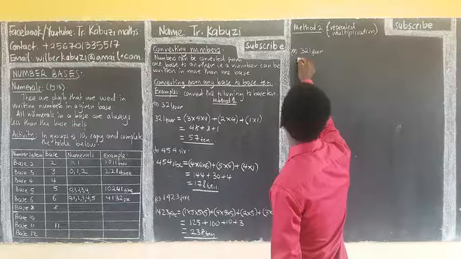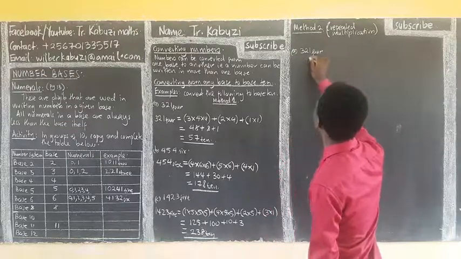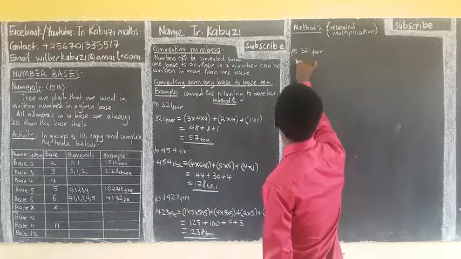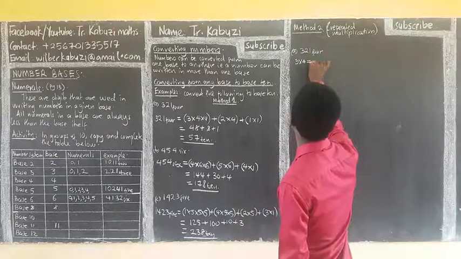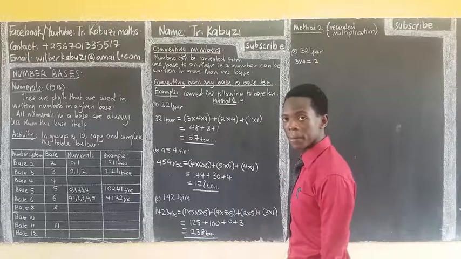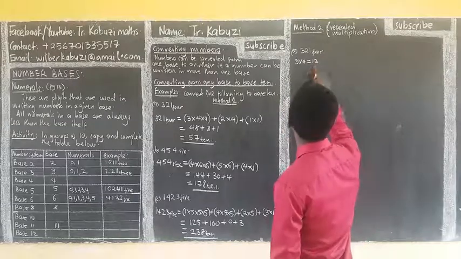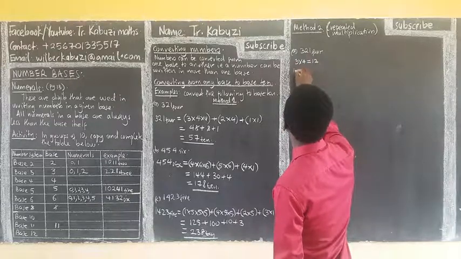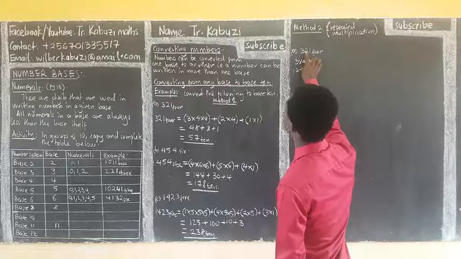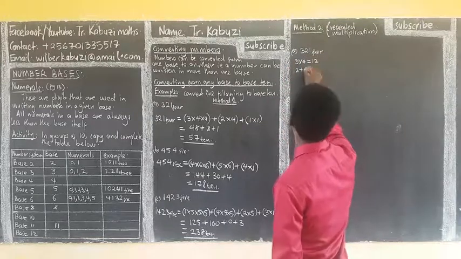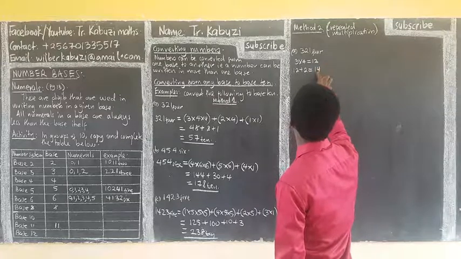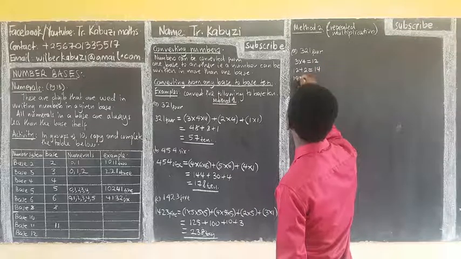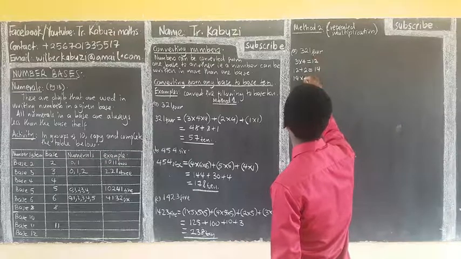The first step is 3 times the base, which is 4. And the answer we get there is 12. Hope you are following. Then we add the next digit, which is 2, and this will give us 14. Then this 14, we multiply it with the base, which is 4.